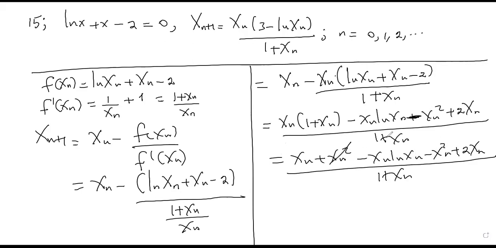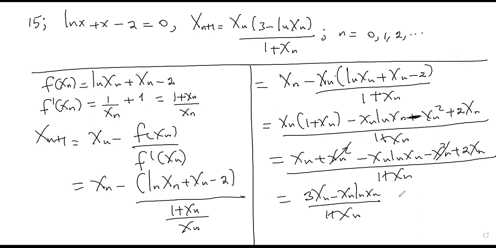x_n squared will go with x_n squared. Don't cancel in an exam, I'm just showing you. Then x_n plus 2x_n merges to be 3x_n minus x_n ln x_n over 1 plus x_n. Factorizing out x_n is the biggest deal. After all, even in the proof it is factorized.